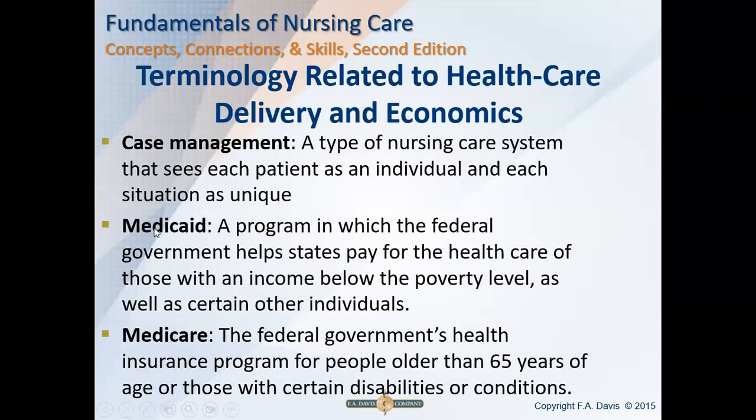Basically, Medicare, who is eligible? The people who are over 65, people with disabilities, people with end-stage renal disease, they are eligible. Whereas Medicaid eligibility is for low-income individuals and families.